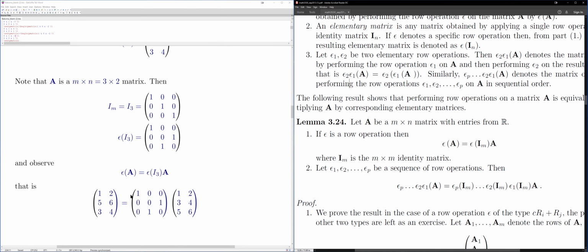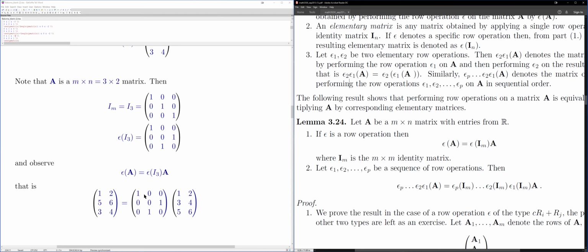this elementary matrix, which contains the information about switching row 2 and row 3, when multiplied against A, will actually switch these two rows for me. And you can check it by doing the multiplication.